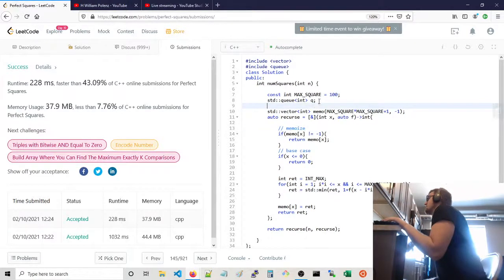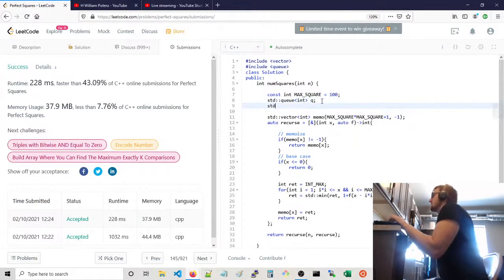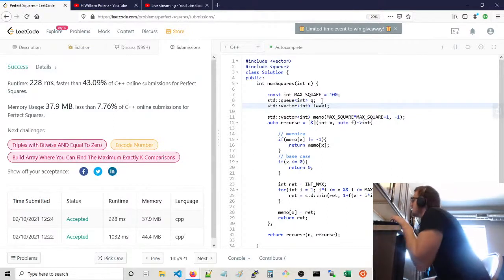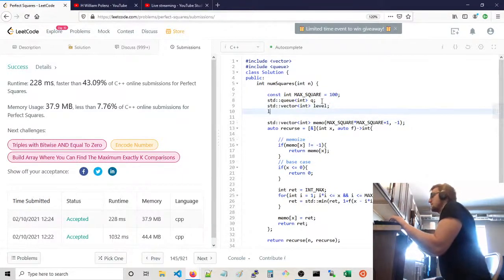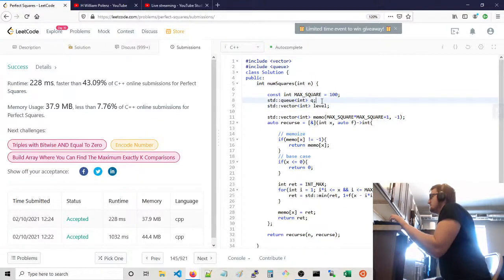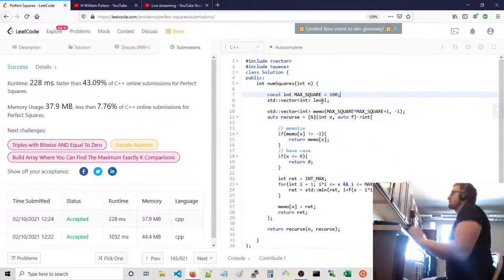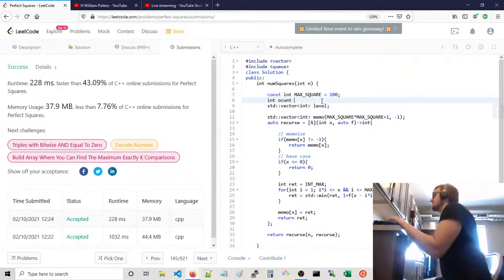Let's do it this way. Just not super comfortable, I guess. So we'll just say next set, or next level. Alright. The first level is, so the queue, this is going to be kind of interesting.